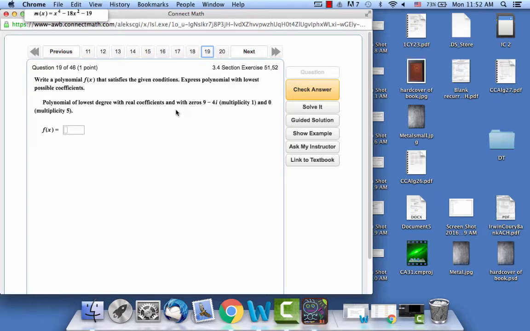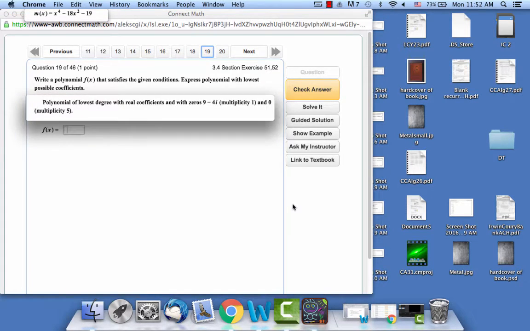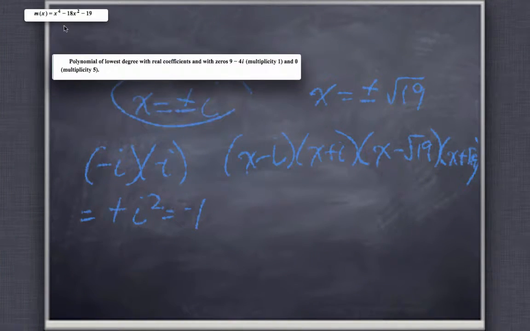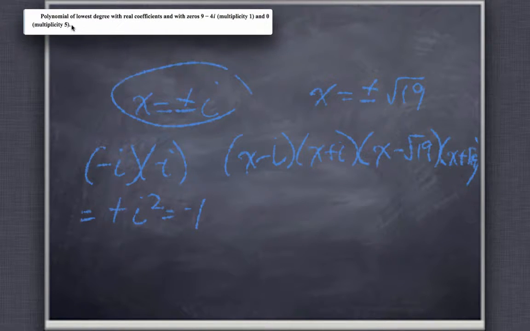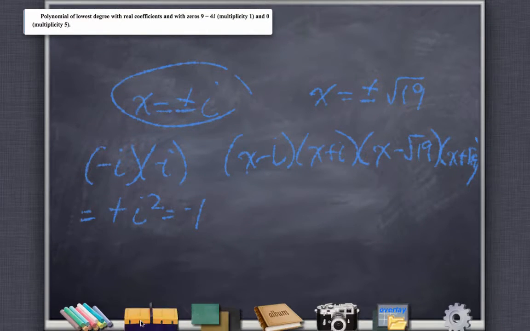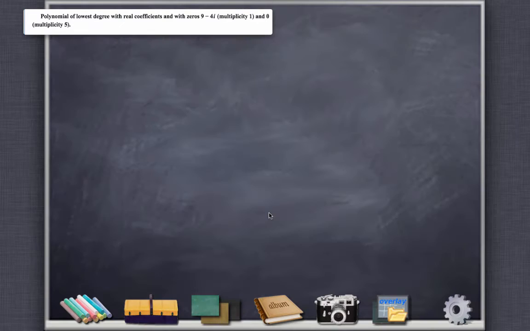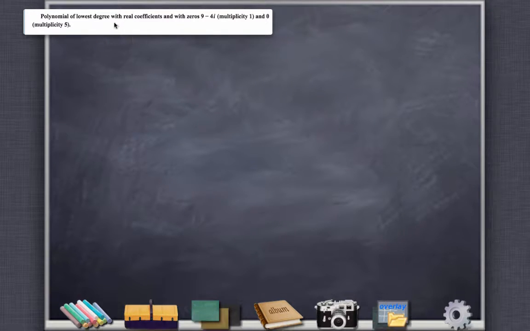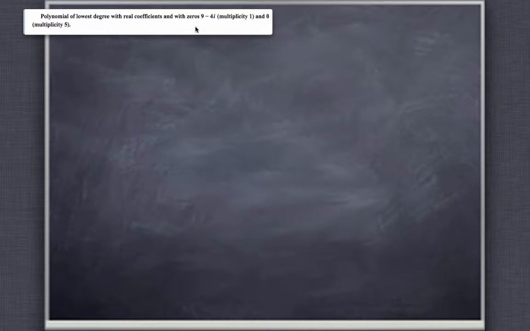And now 19, we want to write a polynomial that satisfies these conditions. Of lowest degree means don't add any extra zeros that aren't necessary. So we have real coefficients and a 0 of 9 minus 4i.